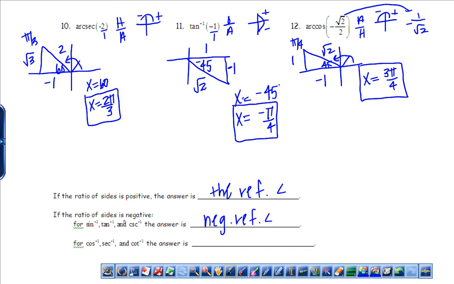And if the ratio of sides is negative for cosine, secant, or cotangent, the answer is 180 or pi minus the reference angle. And again, this is not something you have to memorize. It's just something that we're doing up here in the triangle.